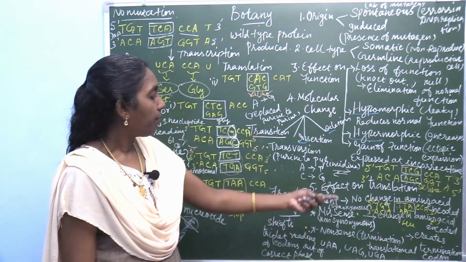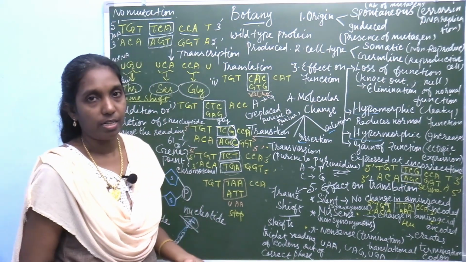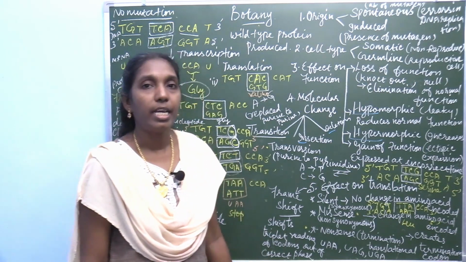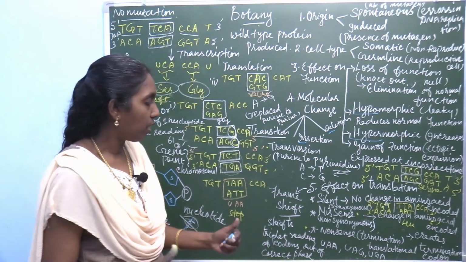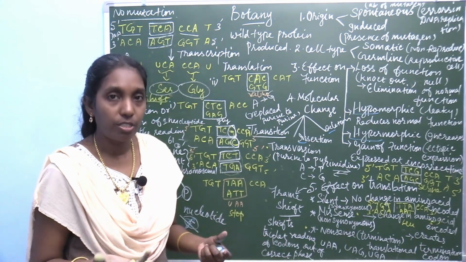The third type of effect on translation is nonsense mutation. This is otherwise called termination, because it creates a termination codon.